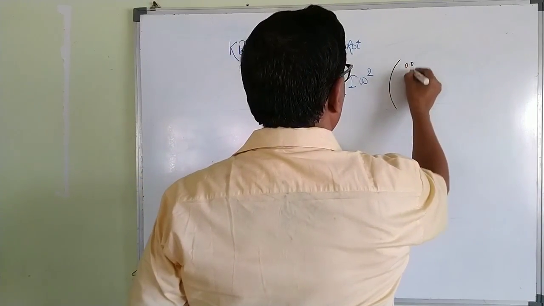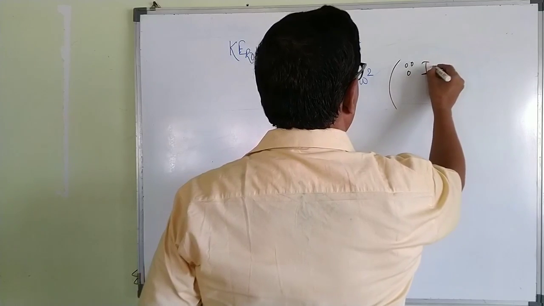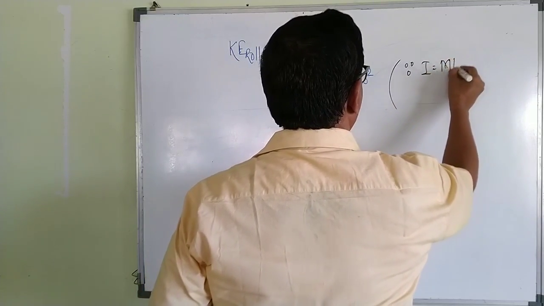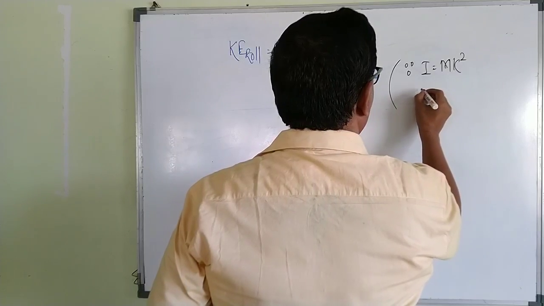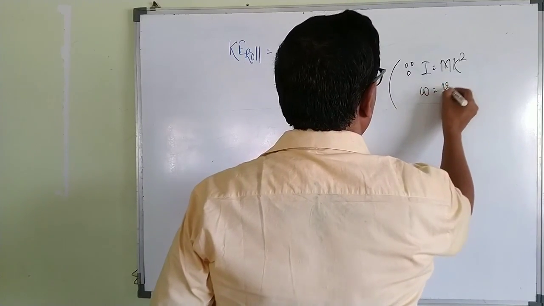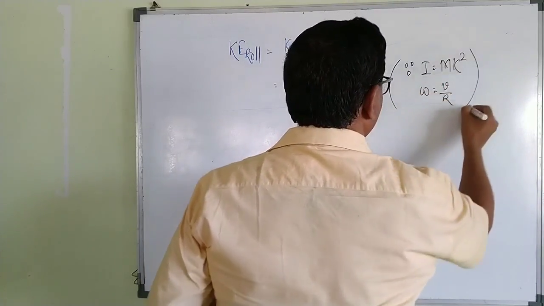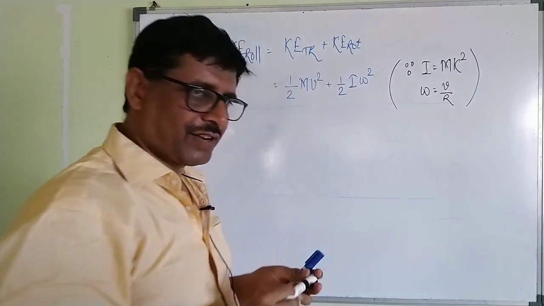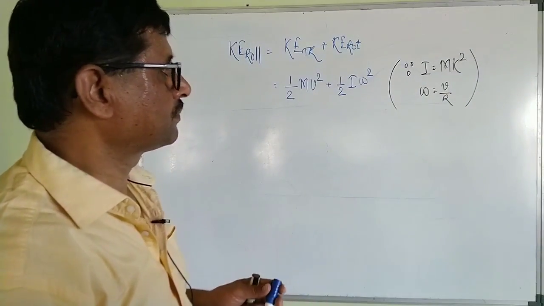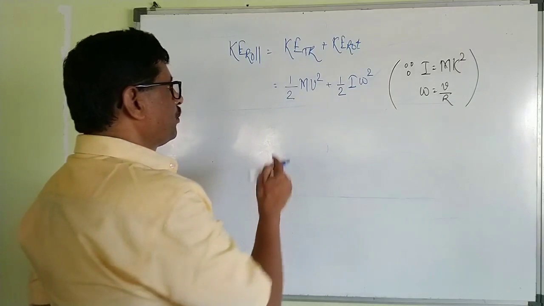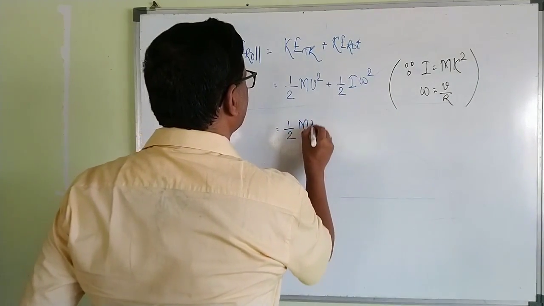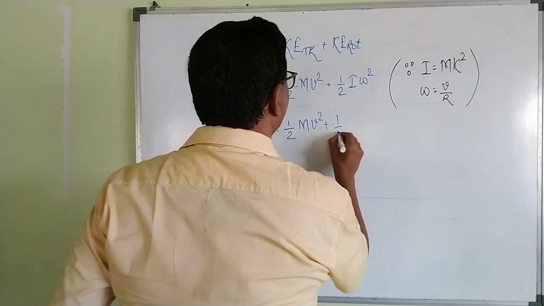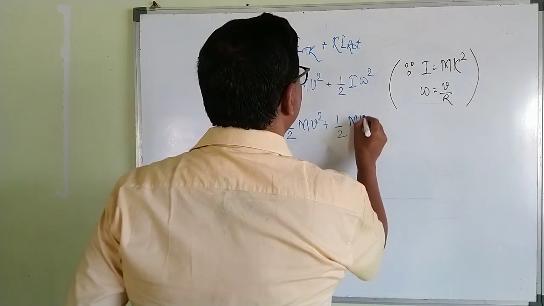We know that I in terms of the radius of gyration can be written as mk square, where k is the radius of gyration, and omega is equal to v divided by r. This is the relation between angular velocity and the tangential velocity. Now, therefore, it will be equal to half m into v square plus half of mk square.